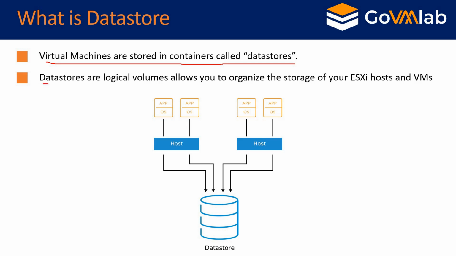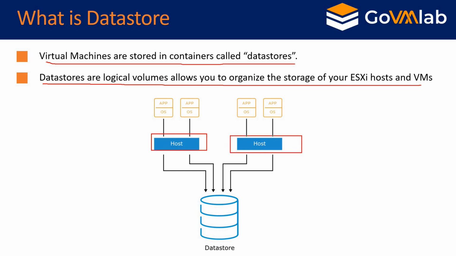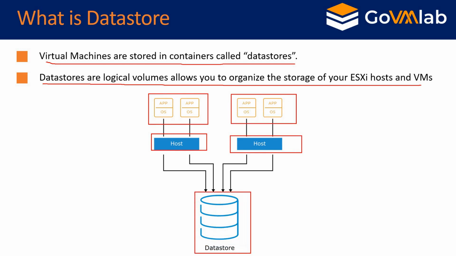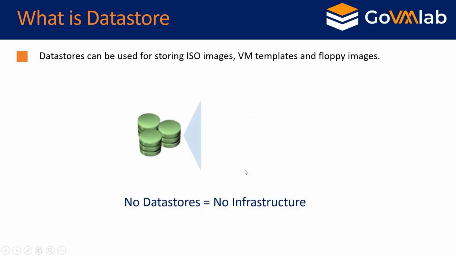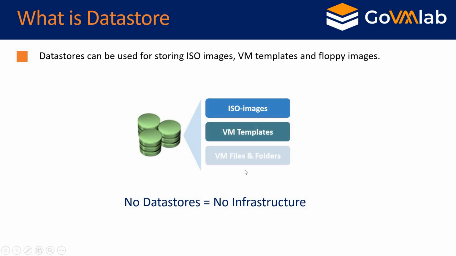Datastores are logical volumes that allow you to organize the storage of your ESXi host and your virtual machines. As you can see in this diagram, I have two ESXi hosts, and on each of the ESXi hosts we are running two virtual machines. These virtual machines are going to be stored in the datastore, and that's where we require a datastore. A datastore is also used for storing your ISO images, VM templates, and other files and folders.